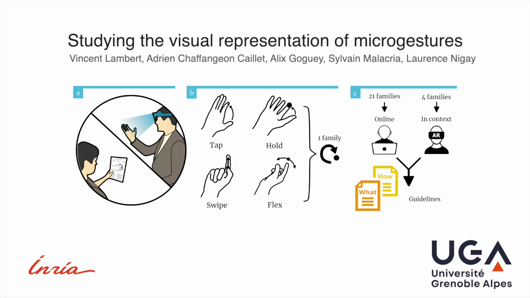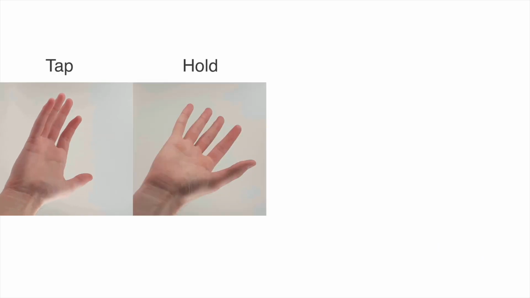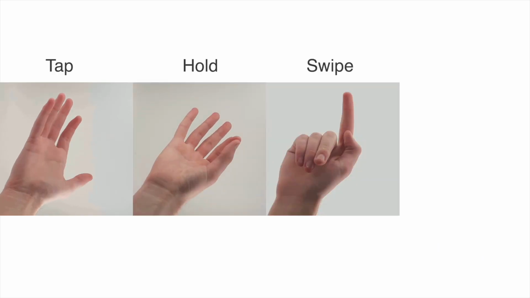Studying the visual representation of microgestures, we studied 4 microgestures: tap, hold, swipe, and flex.